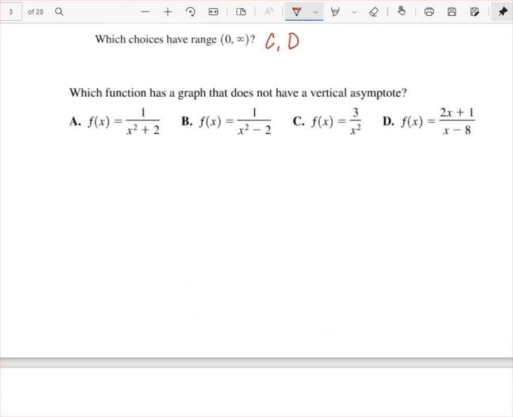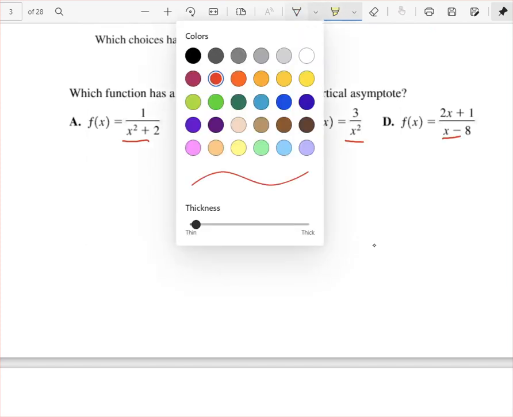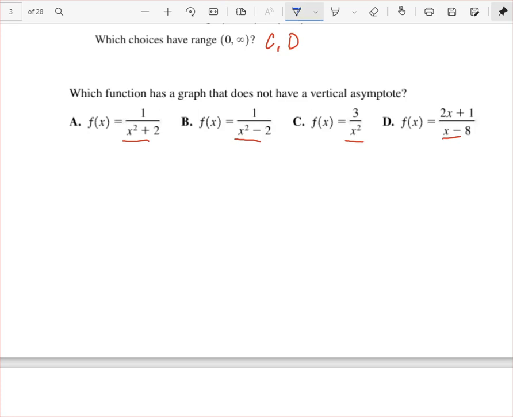Now, which of these does not have a vertical asymptote? I did say that to find the vertical asymptotes, you solve the bottom equal to 0. So you're going to take all of these bottoms and solve for x. Here you would get plus or minus the square root of 2. Here you're going to get 0.